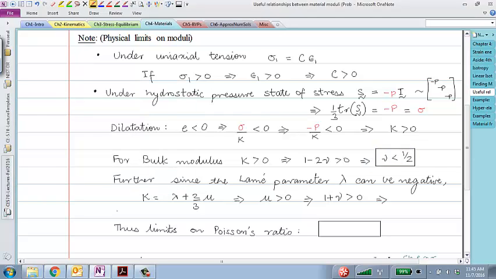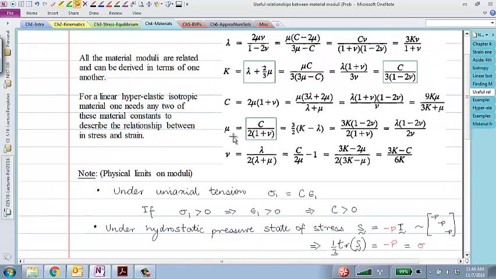And there's another limit on the value of nu. You can see that k is equal to lambda plus 2 over 3 mu. Lambda, in fact, can be negative, but mu has to be positive. Since mu has to be positive, we'll go back to that table and pick this out.